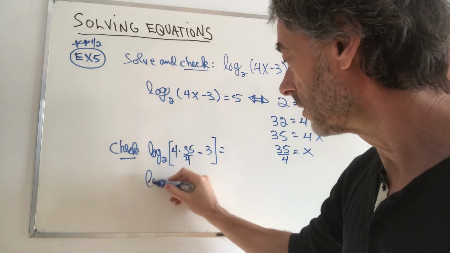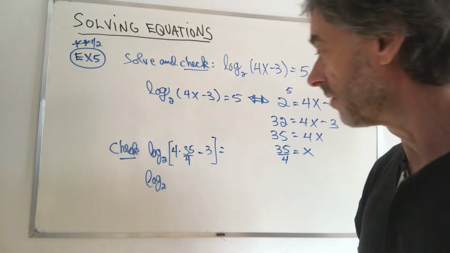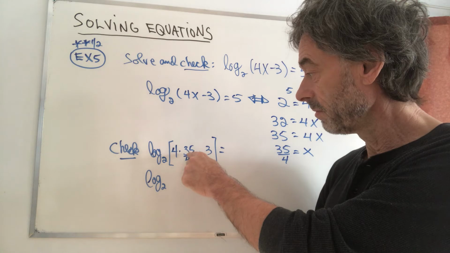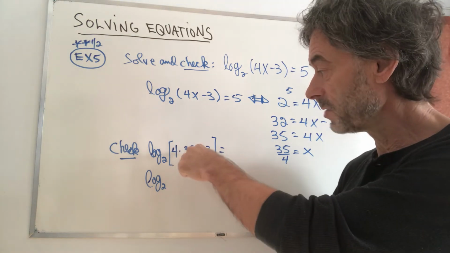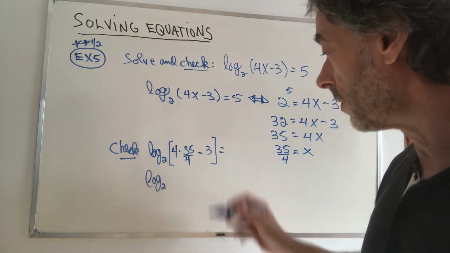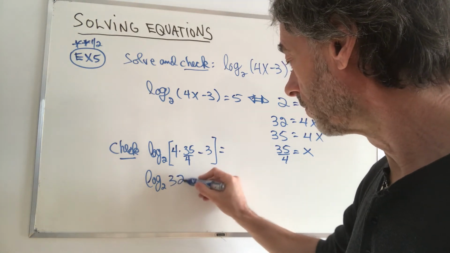What is that? This is log base 2 of, 4 and 4 cancel out. All I am left with is 35. 35 minus 3 is 32.